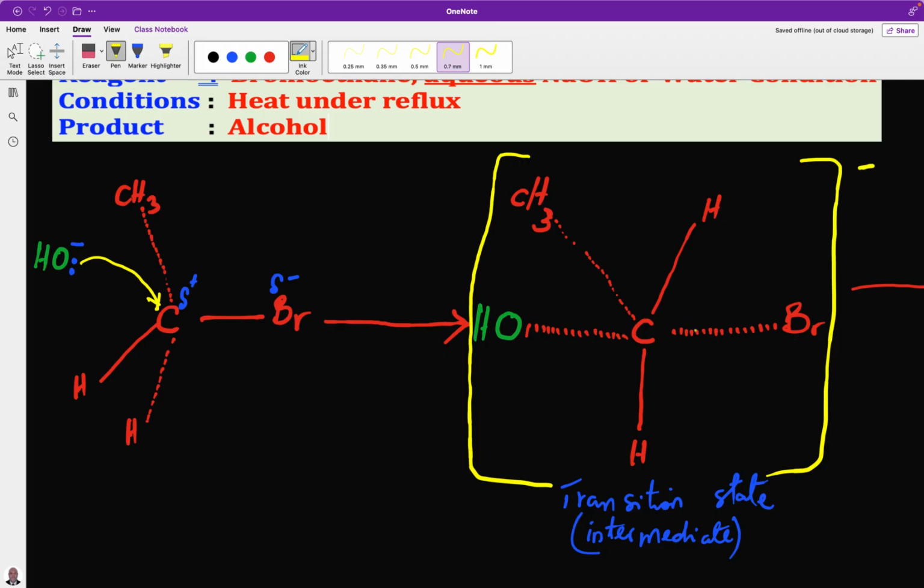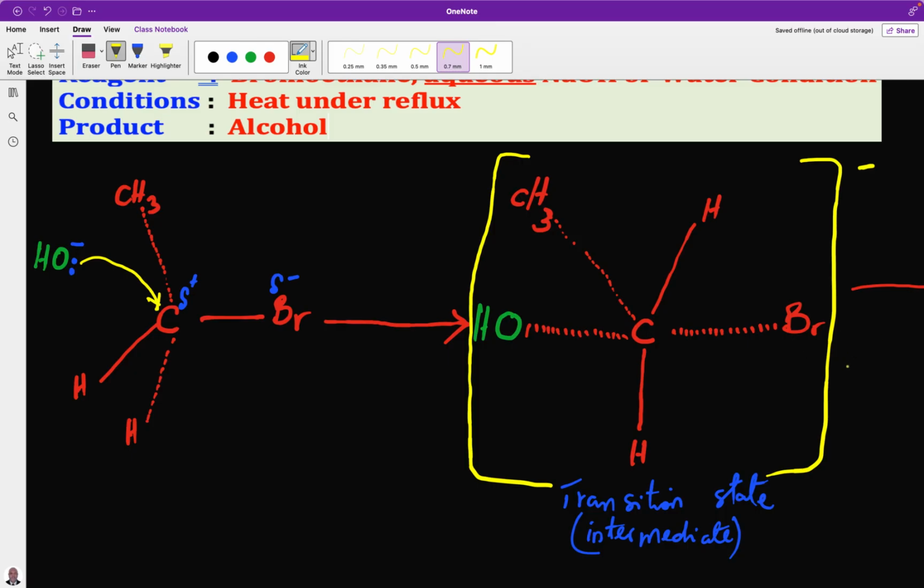So the mechanism will go on like that until the nucleophile finally attaches itself here firmly. And at that same time, the bromine finally breaks off and goes as a leaving group with its lone pair of electrons.